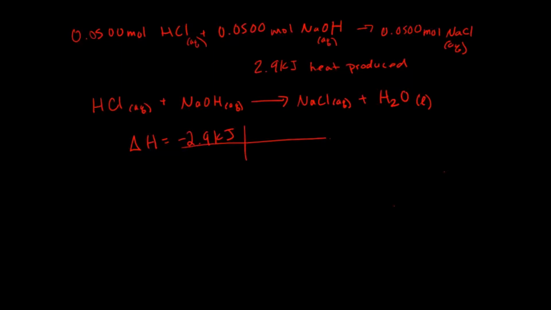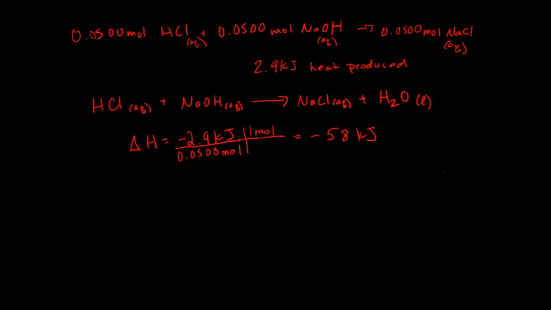And these kilojoules are produced for every 0.0500 moles of HCl. And we want kilojoules, so we can multiply this times 1 mole, and we don't need moles. This calculates out to be negative 58 kilojoules. You could also leave it as kilojoules per mole.